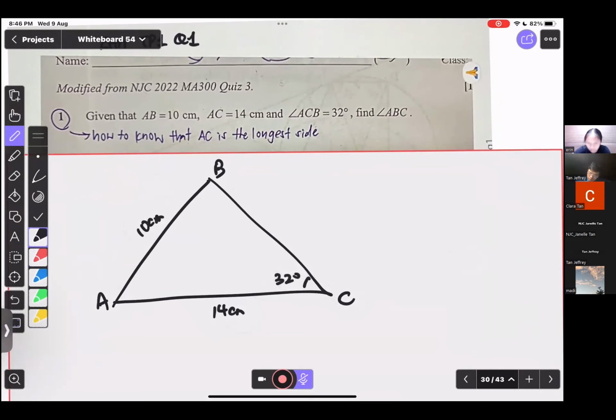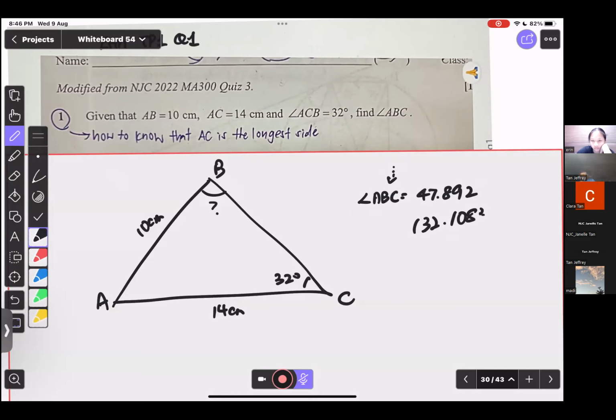Then I want to find angle ABC. If I use sine rule, I get angle ABC equals 47.892 or 132.108.